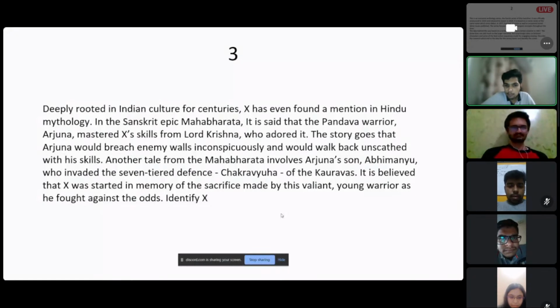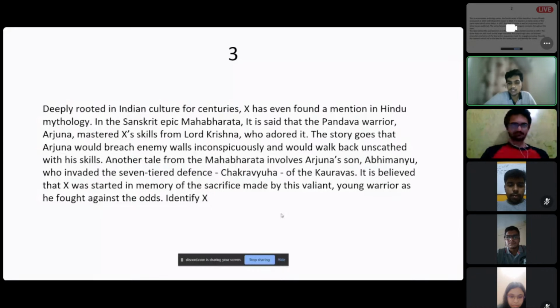Another tale involves Arjun's son Abhimanyu, who invaded the seven-tiered defense Chakravyuh of the Kauravas. It is believed that X was started in memory of the sacrifice made by this valiant young warrior as he fought against the odds. Identify X.